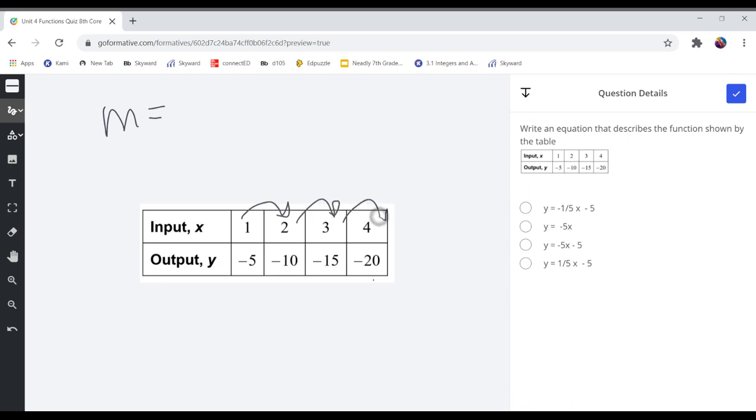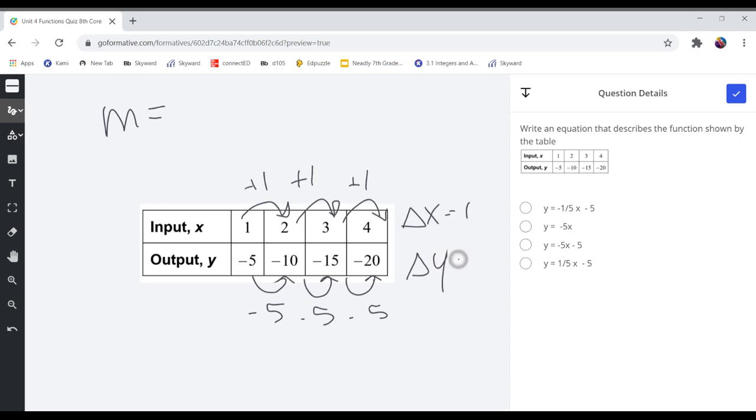Each of my x values are increasing by 1, so my change in x is going to be 1. Then my y values are decreasing by 5 each time, so my change in y values is negative 5. So my slope is going to be negative 5 divided by 1, which is negative 5.